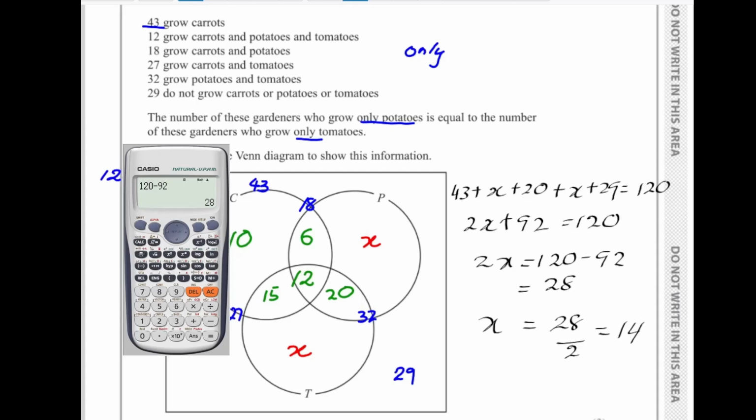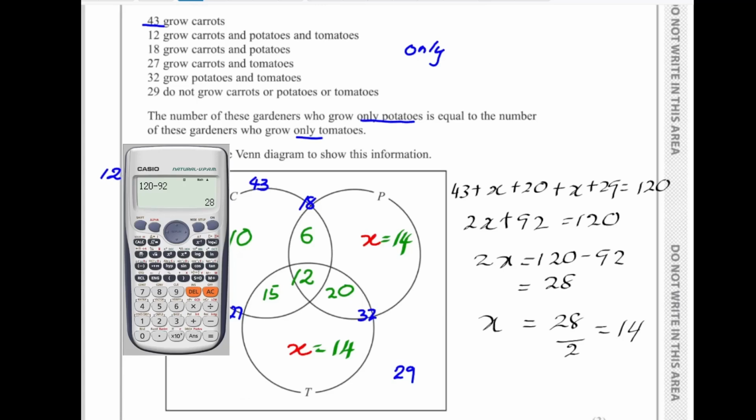Then we are getting the answer as x equals 14. After that, you have to write here x equals 14. You can erase this one. Right, we are done with that. After that, let's move on to the next part.